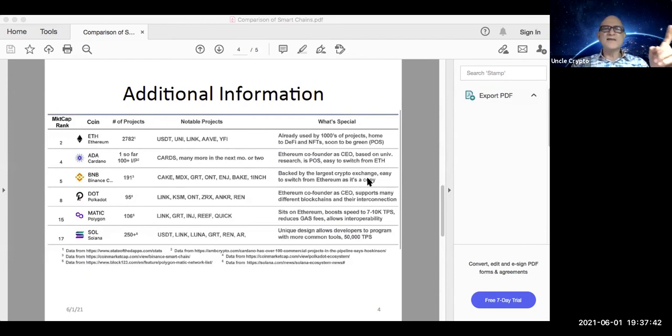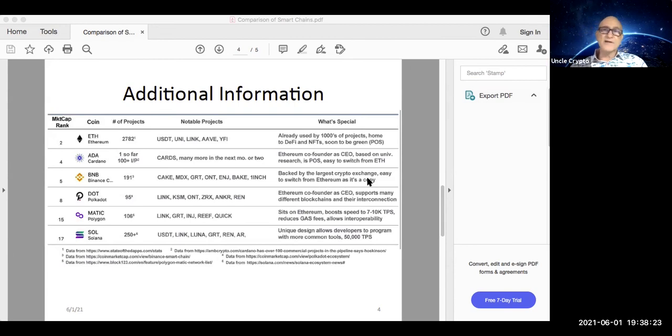We could just use the Ethereum blockchain and figure out a way to let transactions happen on the side at 7 to 10,000 transactions a second, accumulate all that data, and then take it and make one transaction to Ethereum that would contain the data on these. So Ethereum secures the data, but MATIC processes it so that the transactions are super fast, the gas fees are low, and it's proof of stake. Beautiful. So that's what they did for MATIC.